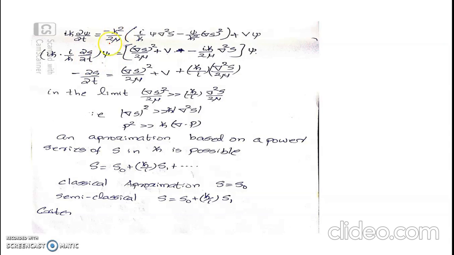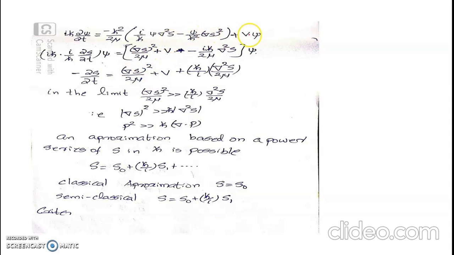Minus h bar square by 2 mu is used to open this bracket. Del square S, i by h cross into minus h bar square by 2 mu, is a negative term that is written here, and the positive term will be this one. h cross square vanishes, minus becomes plus, grad S whole square divided by 2 mu into psi.